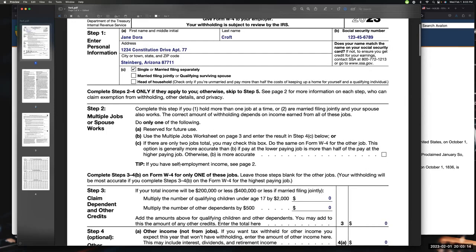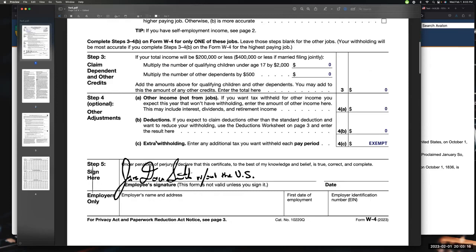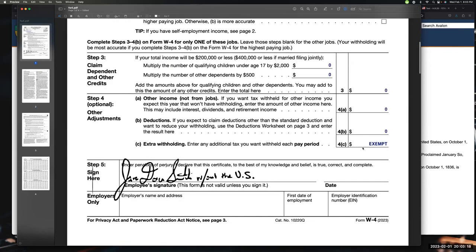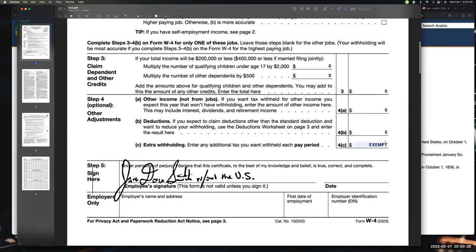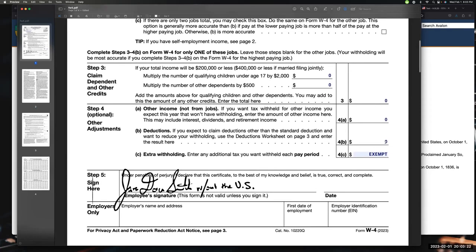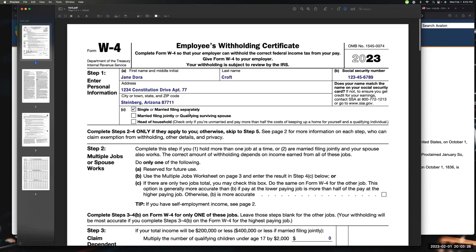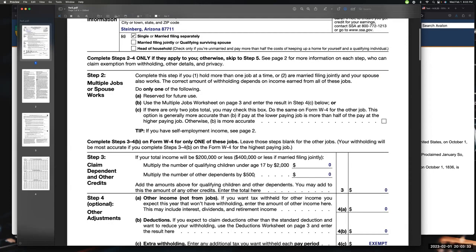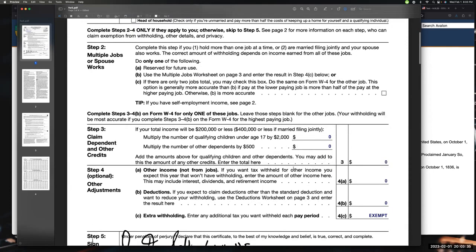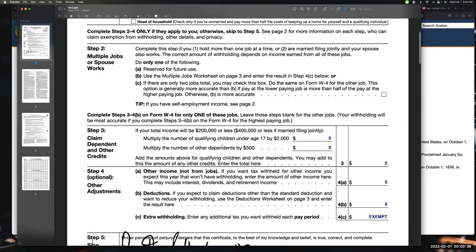You go down to line 4C, and you write in the word exempt. So once you do that, you are to go up to line 1A, 1B, fill out this entire step 1. That would mean everything else would have to be left blank. 0, 0, 0, 0, 0.